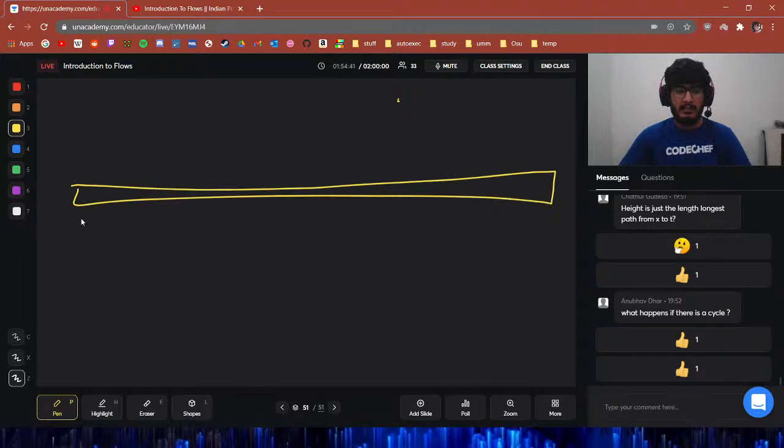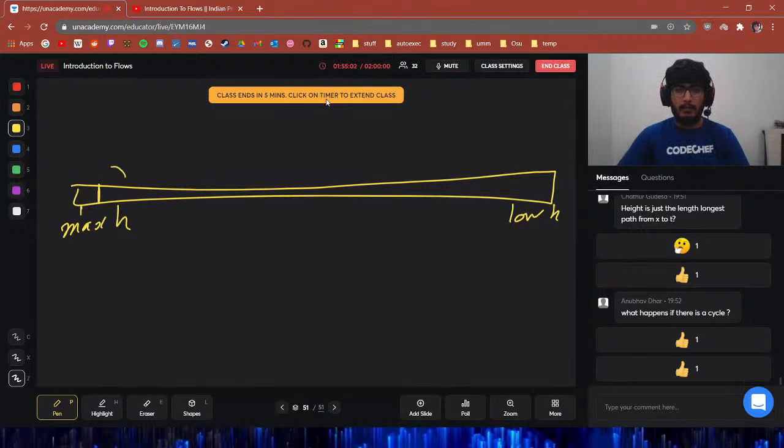So this is the max height, and this is the lowest height, which is going to be our sink, or the destination. At the maximum height, we are looking at the excess function, which is infinity, and from this excess function we are seeing all of the nodes that it goes to, right?